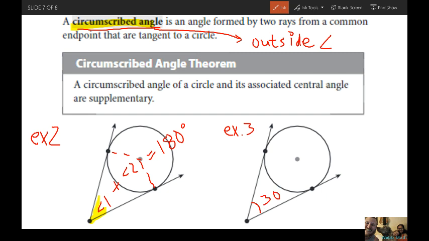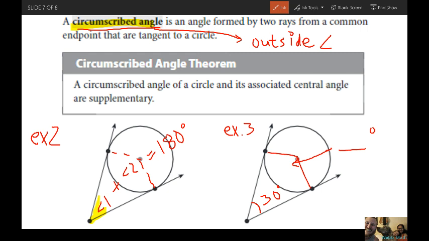Now let's go ahead and find the angle for our central angle. I want you to find that for me. Once you find that angle, you're set. And there's a couple problems in your homework that do this.